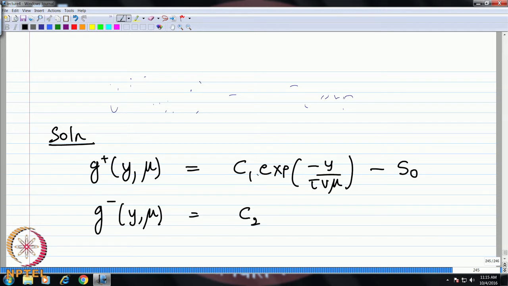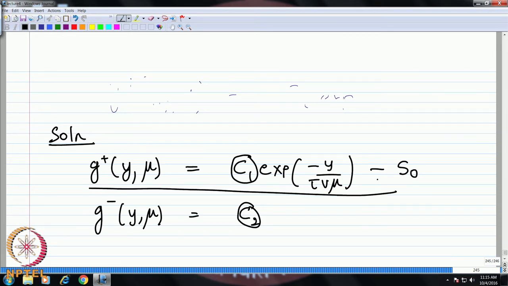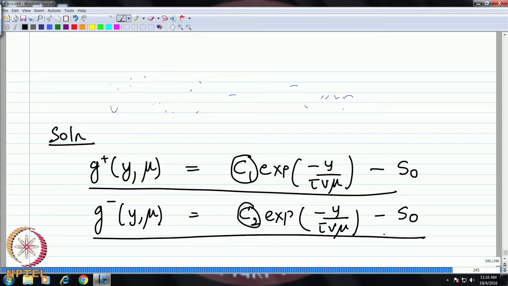Okay, this constant is going to be different from this, because this corresponds to the distribution going in the positive y, and therefore, I give a plus sign. So, this constant is going to be different for the scattering going in the downward direction, but the other terms will remain similar. So, why are we writing this in terms of two functions?